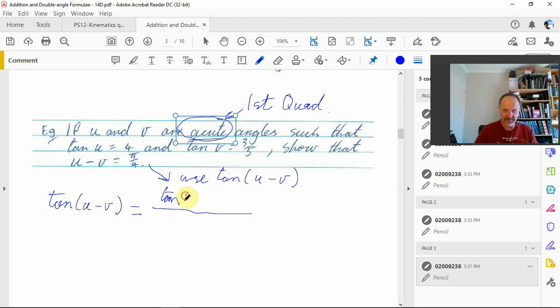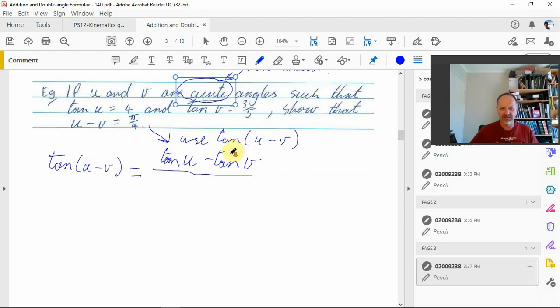All right, on the bottom then is 1 plus the product, so tan U times tan V. All right, let's stick in the numbers. So tan U is 4 minus tan V, which is 3/5, over 1 plus 4 times 3/5.